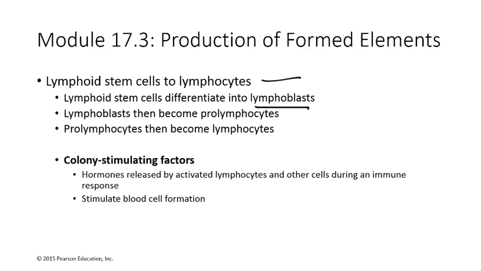And then there's pro-lymphocytes, and then the pro-lymphocytes become the lymphocytes themselves. Now, what's going to cause these cells to differentiate, to become different from each other, are some stimulating factors, hormone-type molecules that are released, and they are going to help stimulate the formation of these lymphocytes.